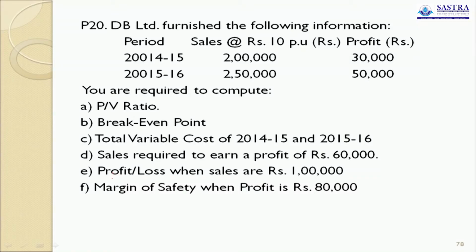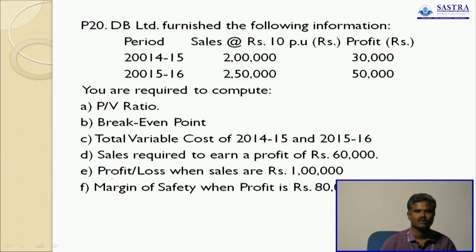DB Limited furnished the following information. They are given columnar information. Column number 1 is period. Column number 2 is sales at the rate of 10 per unit. This is the selling price per unit.